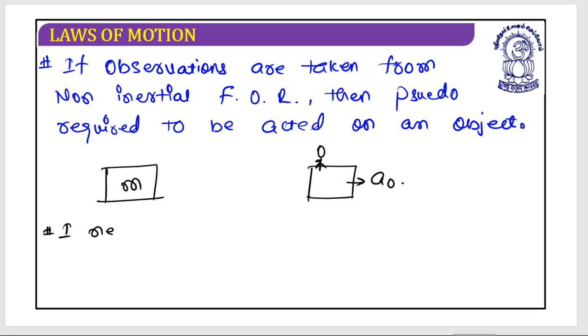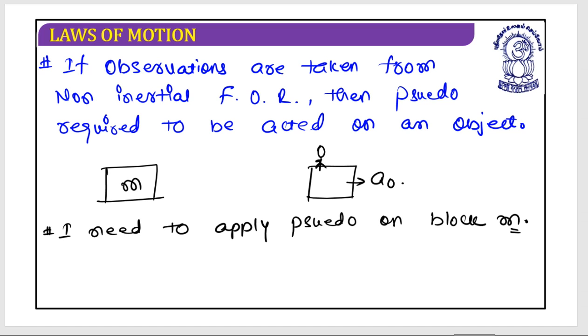I need to apply the pseudo force on block M. Now the pseudo force, denoted as F P, to be acted has a magnitude of mass m multiplied by acceleration a naught.